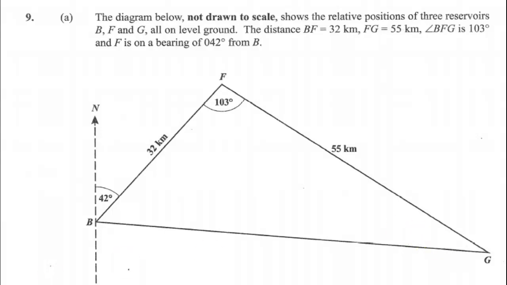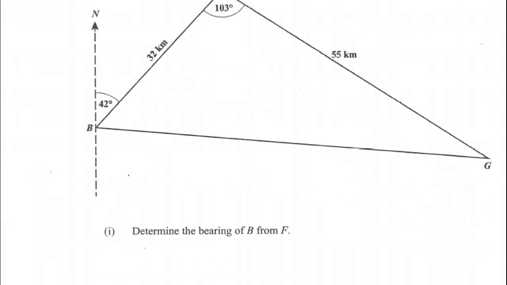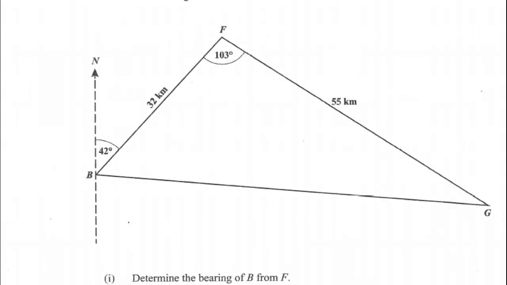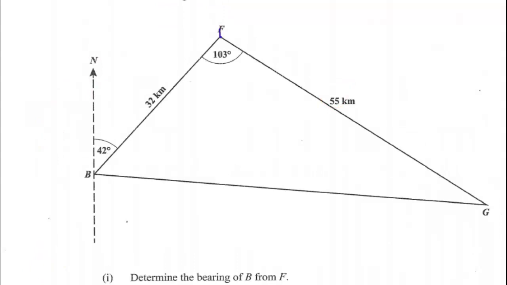We are asked now to calculate the bearing of B from F. Which angle is that? The bearing of B from F, so if it's from F, technically it's from the north of F.